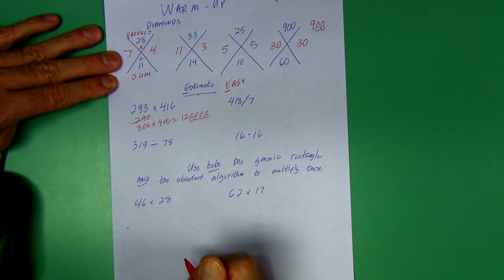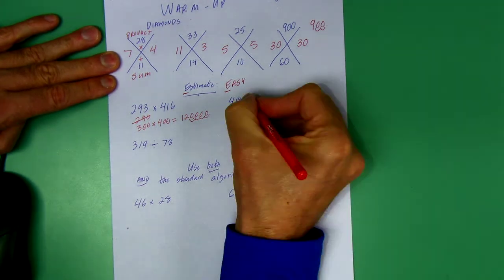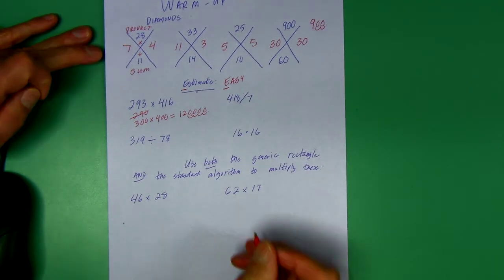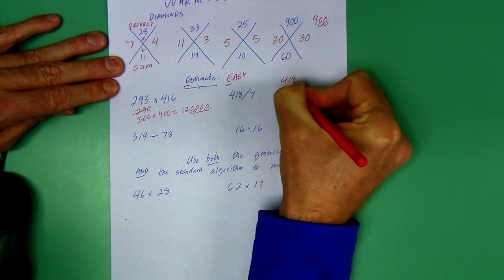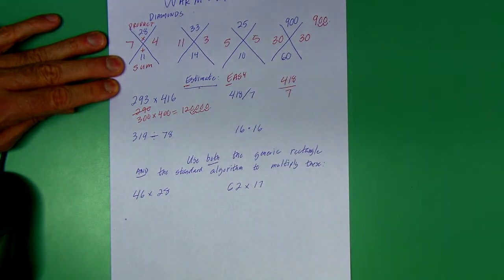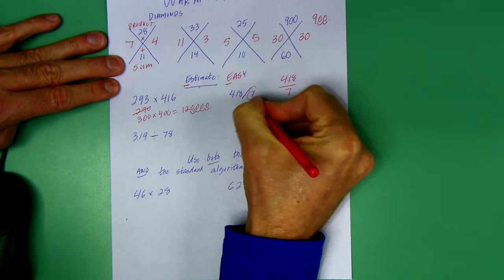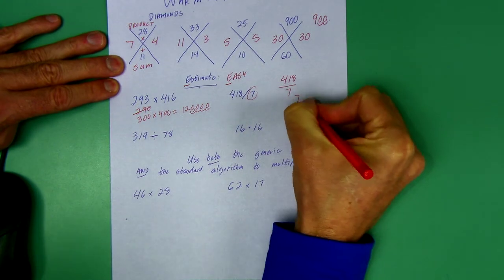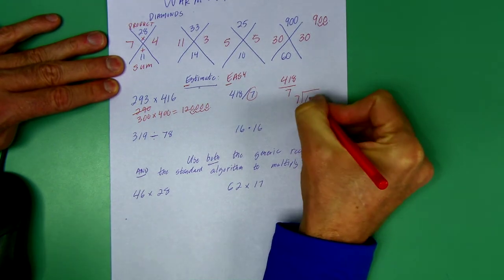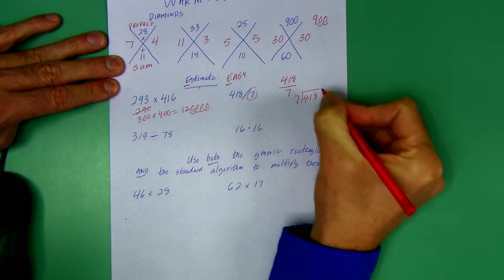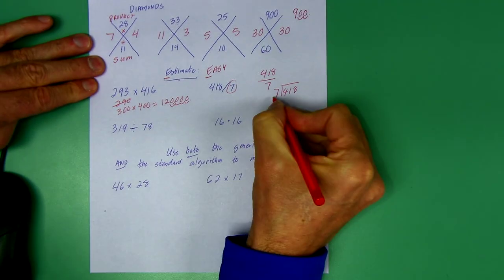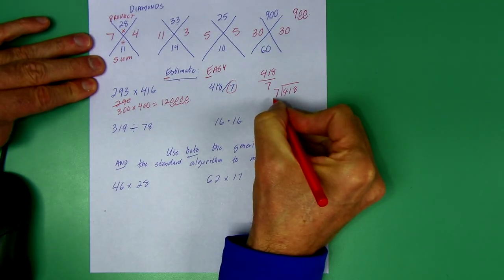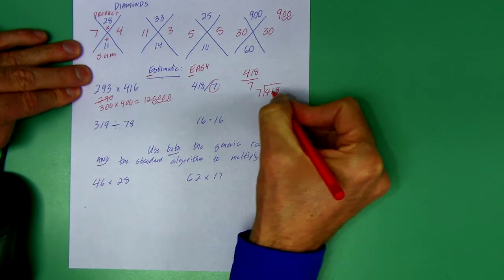Okay, what does this mean? 418/7? Well, that means divide. We use this backslash for division, just like all fraction problems are division problems. Okay, now this is one digit. This is 7 into 418. You know your sevens, so we're not rounding that. That's already easy enough. What we're rounding is this.